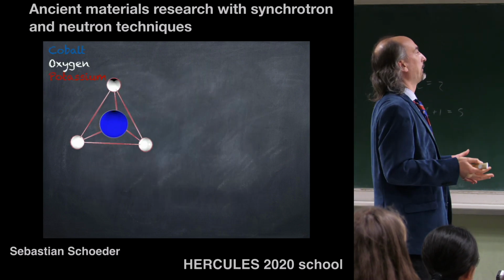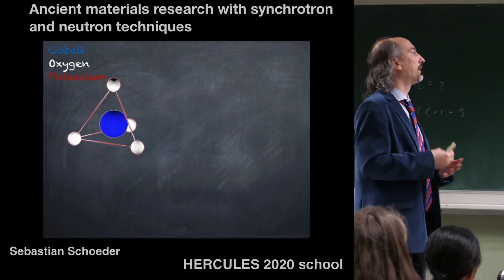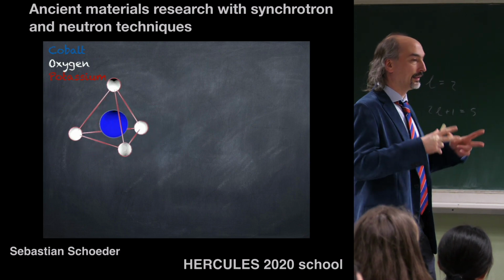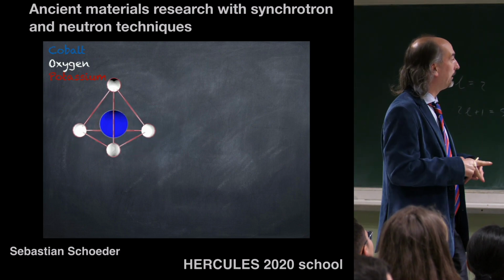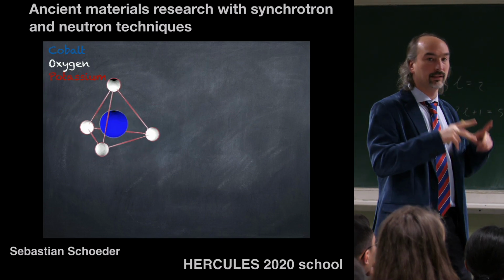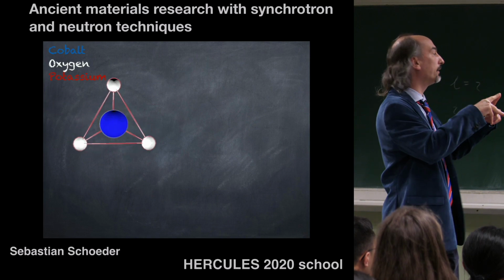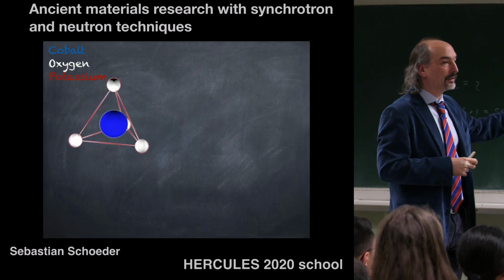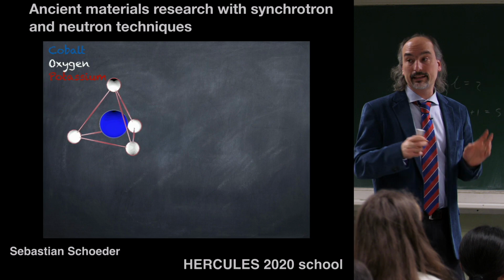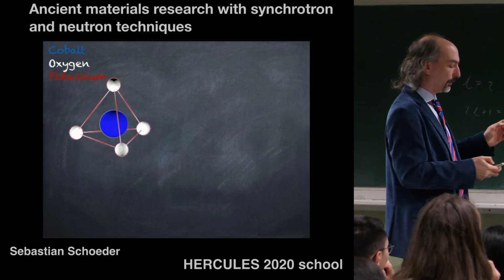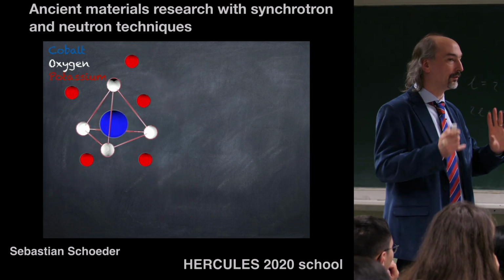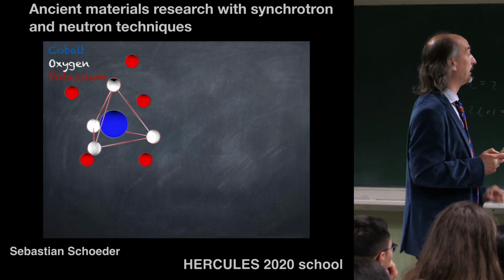So what the scientists found out was that in the original blue smalt, the cobalt is in a tetrahedral environment. So basically the oxygen atoms around it are forming a tetrahedron. And it's known that this configuration is not very stable. In fact, it's only stable in the presence of potassium ions. As I told you, smalt is a potassium silicate glass.